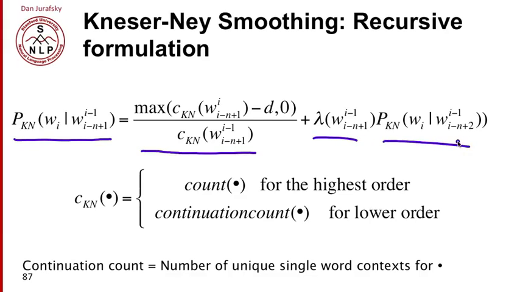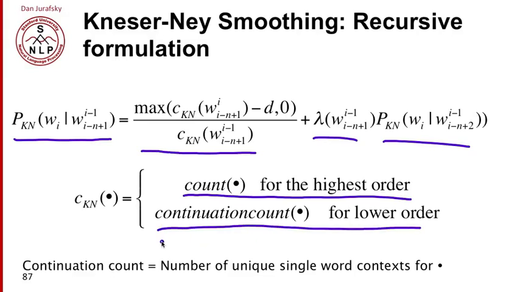But now we need to distinguish between the very first top level time that we use a count and these lower order counts. So we're going to use the actual count for the very highest order n-gram, and we're going to use the continuation value that we just defined earlier for all the lower order probabilities.